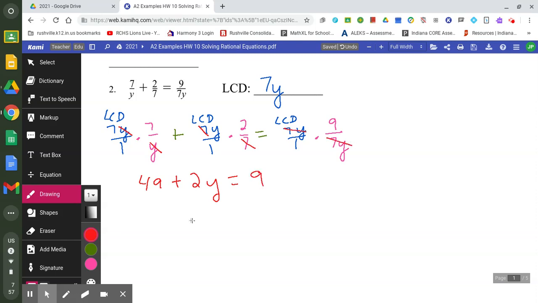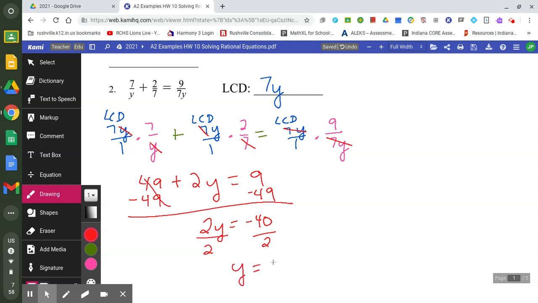So equals 9. And then I'm ready to solve for y. So I'm going to subtract 49 on both sides of the equal sign. 2y equals negative 40. Divide by 2 on both sides of the equal sign. Y equals negative 20.